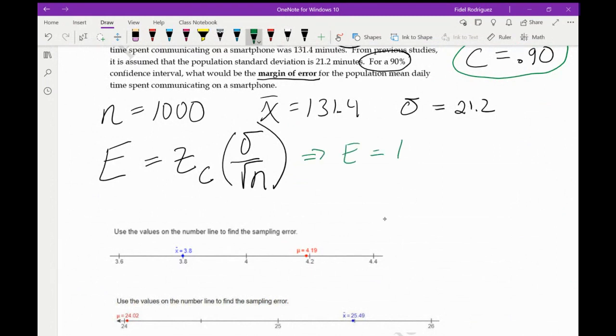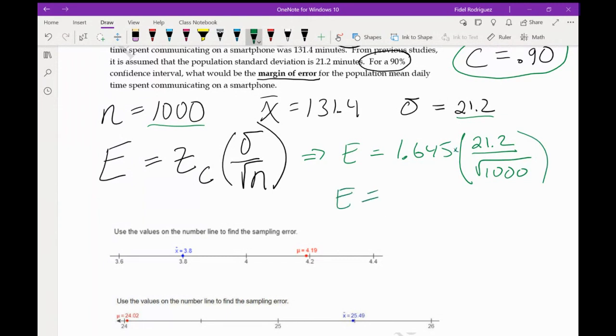So my z_c was 1.645. And then we said our sigma was 21.2, and my n was 1,000, so this is over the square root of 1,000. I won't show you this on the calculator because we've done it a few times, and I think you have the hang of how to do this.